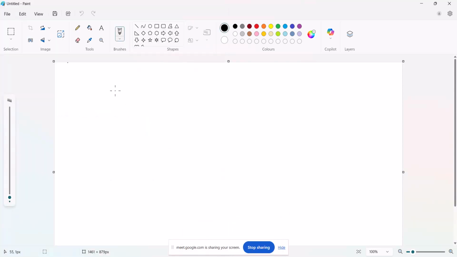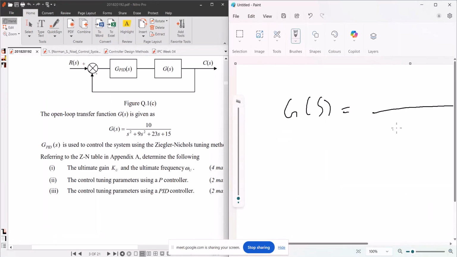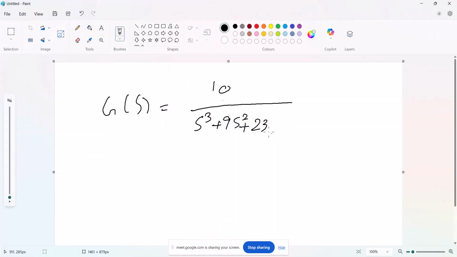So for the closed loop we have the controller G PID equal to K, you can say Ku.